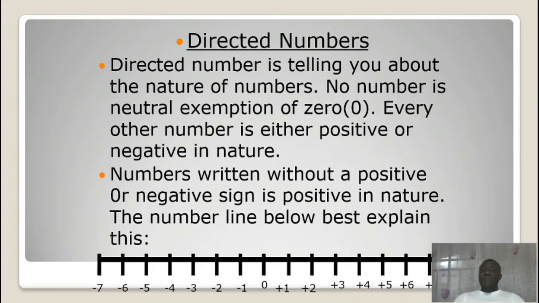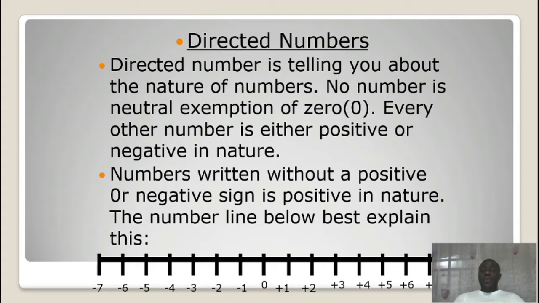So in this aspect, we want to use the number line system to explain the positivity and the negativity of numbers, with the exception of 0. I know you might have done something like a graph before. In a graph, the point of intersection where x and y intersect is labeled as 0.